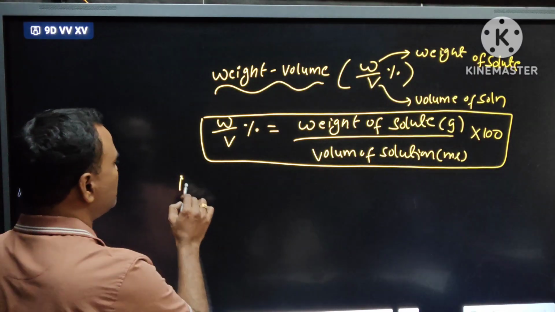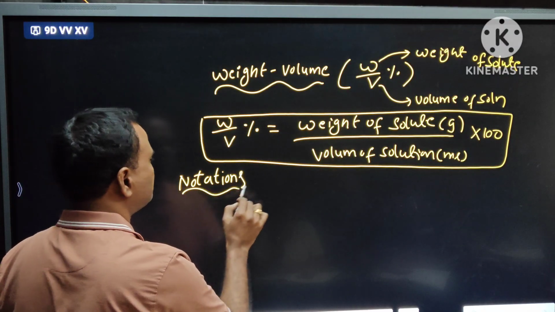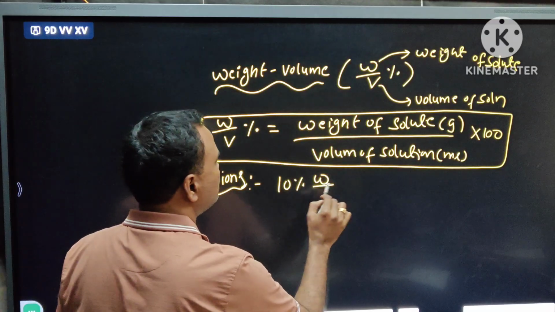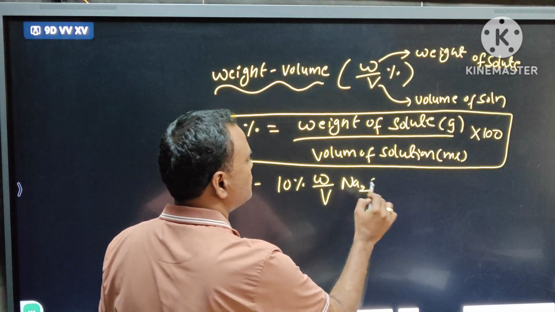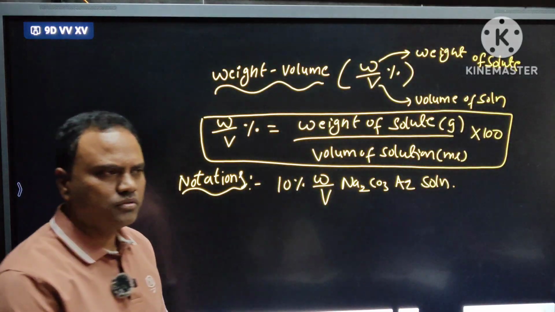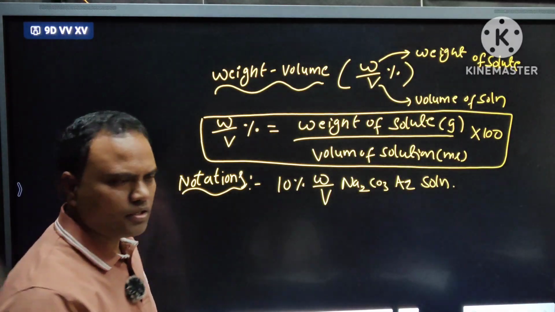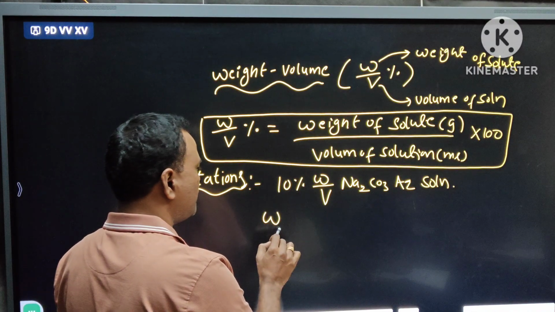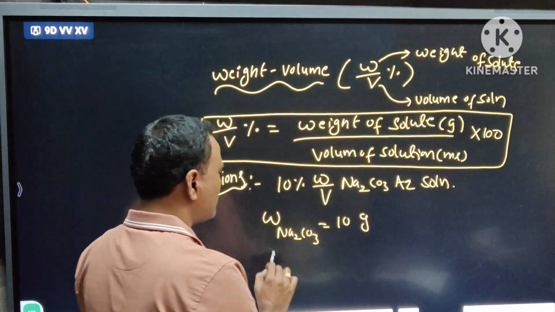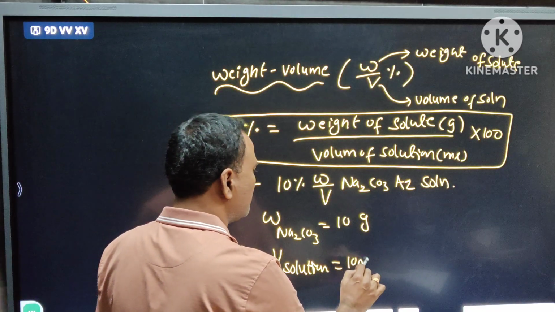Now coming to the important concept, notations. See, 10% W by V Na2CO3 aqueous solution. Let us write the meaning or data. Weight of Na2CO3 is equal to 10 grams. Volume of solution is equal to 100 ml.